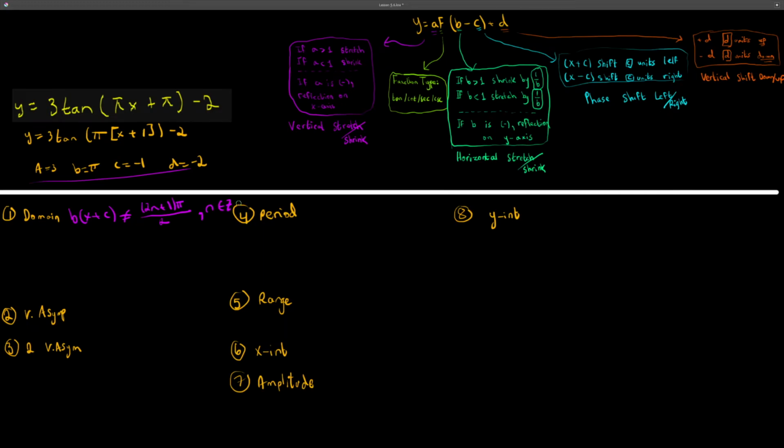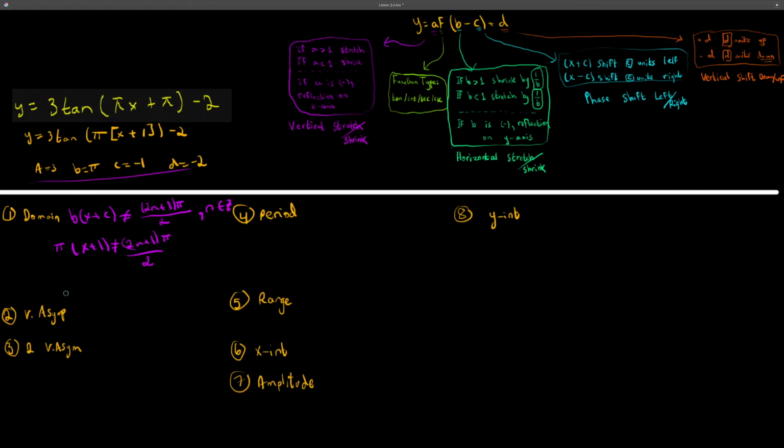Now we can just continue solving and substitute this with this. So it'll be pi times x plus 1 not equal to 2n plus 1 pi over 2.